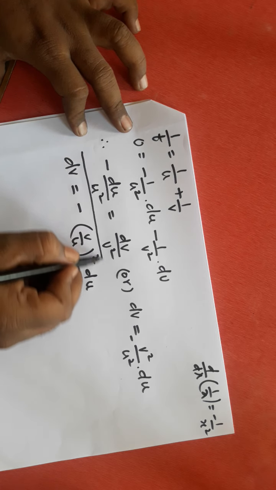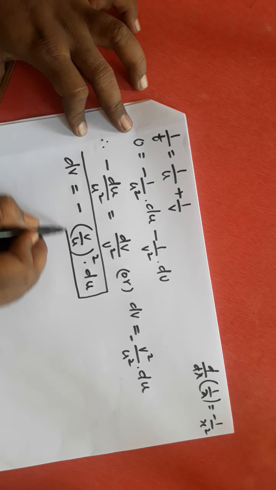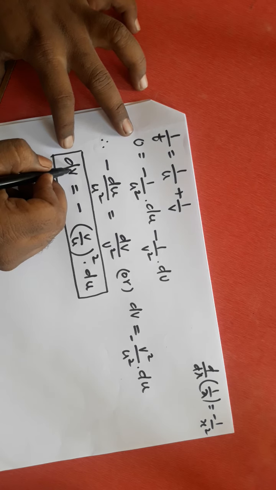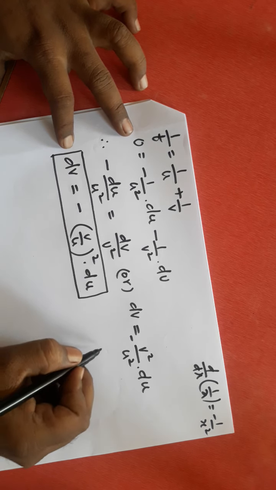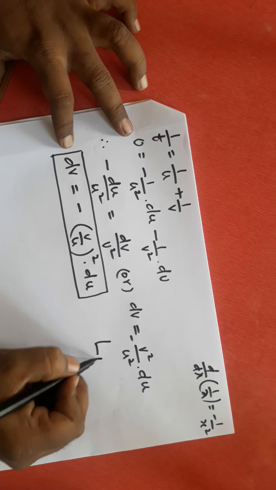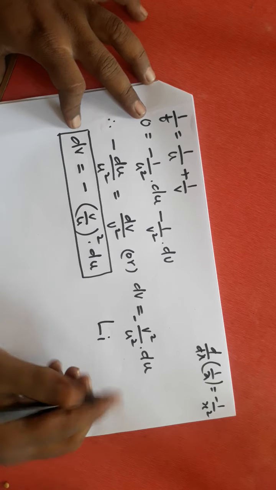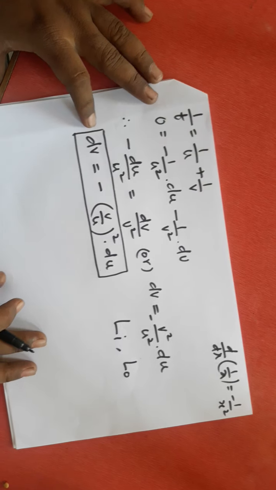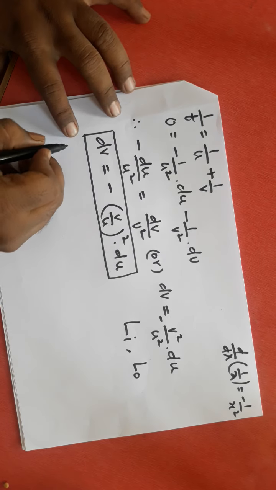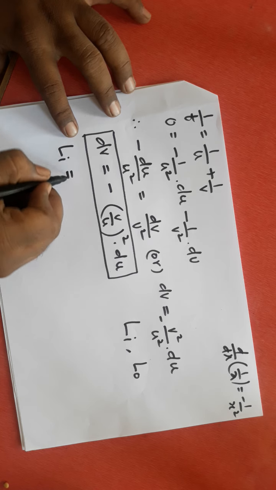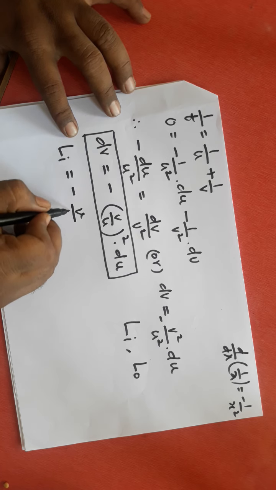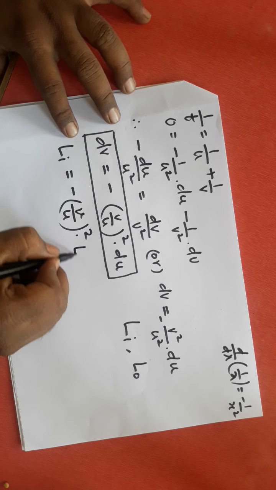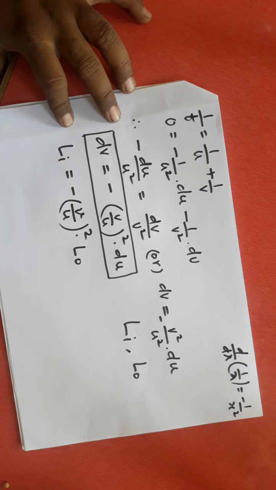This is the equation which we use to find the size of image. That means this is image size. Let us suppose the length of the image is li, and the length of the object is lo. Then I can write this equation as length of image is equal to minus v by u whole square into length of object.